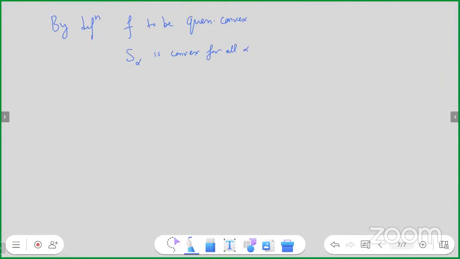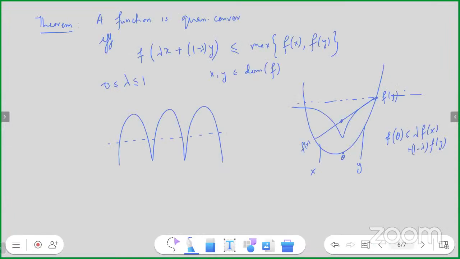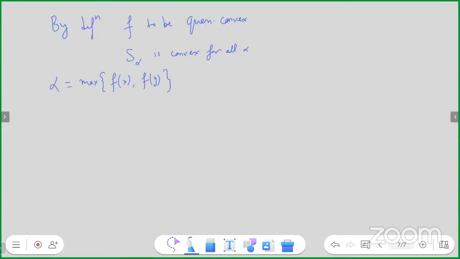So let's choose one particular alpha to be max of f of x comma f of y. What will happen? I want lambda x plus 1 minus lambda y to lie in S alpha.